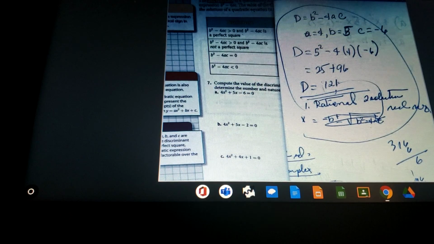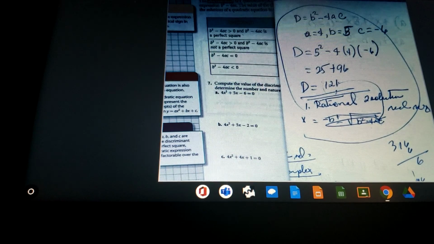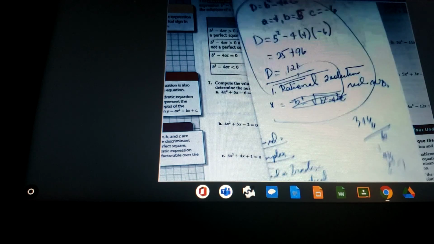The discriminant is b squared minus 4ac. Just the discriminant or the whole thing? The discriminant. What is the discriminant? Yes, 57. D is 57, correct? D is 57.